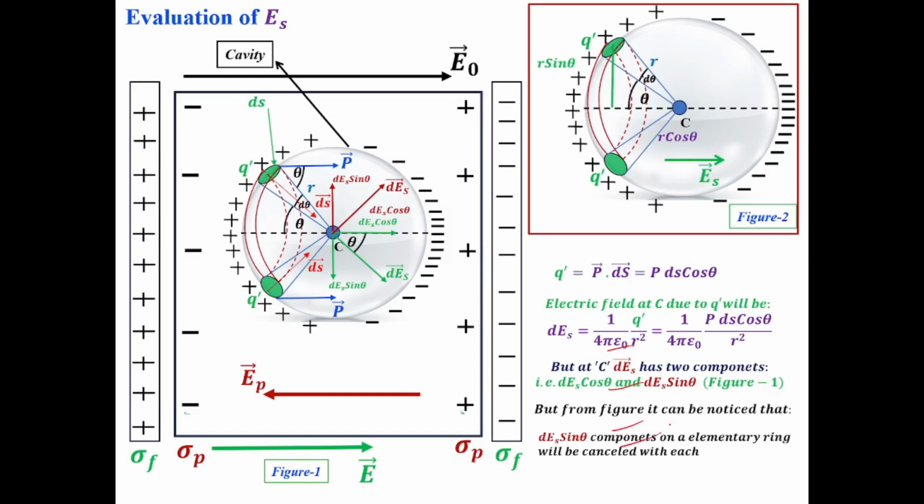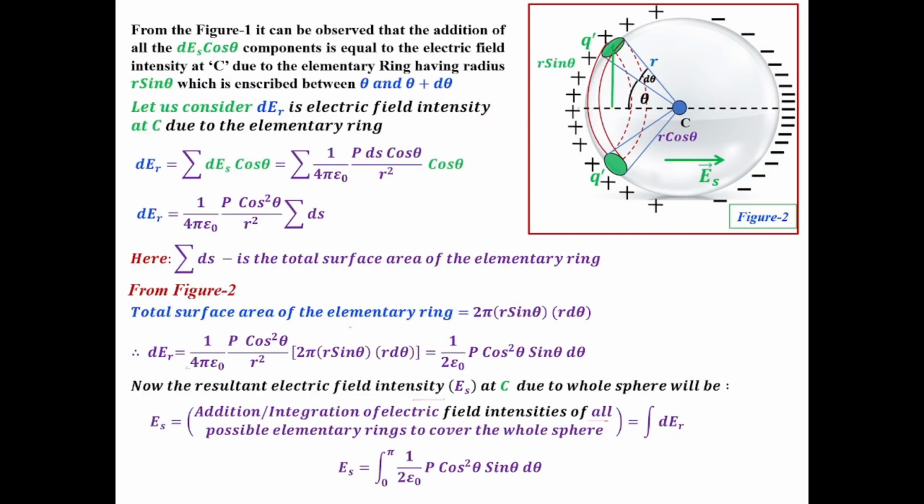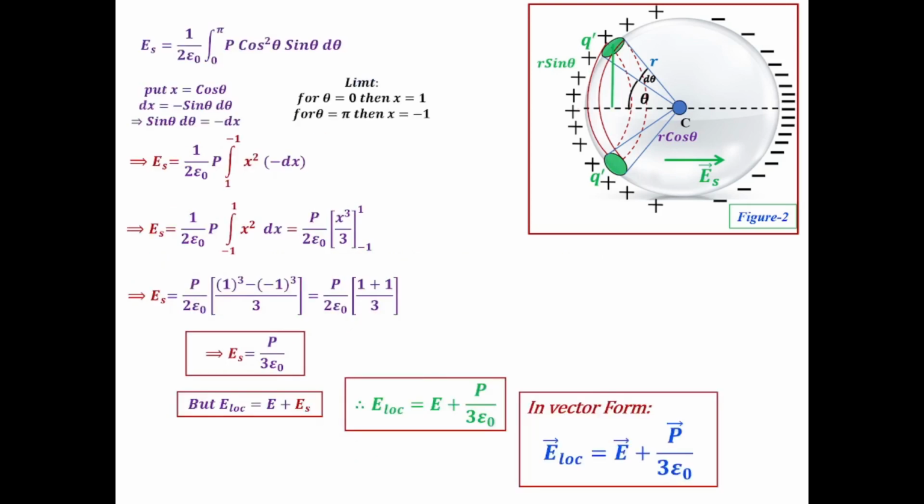Not much more than that is needed for a 6 mark question. Okay, this much is enough, because I prepared the note focusing on your exam, on the 6 to 7 mark question. So you should not be bothered about the note. You can consider this your exam note itself. Okay, so we found E local equal to this much.